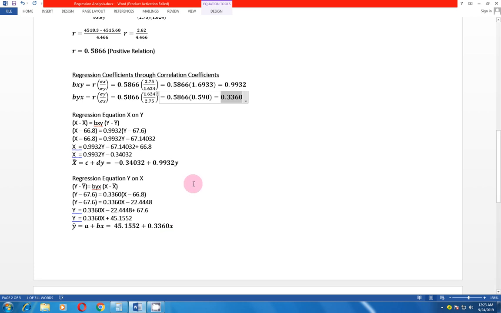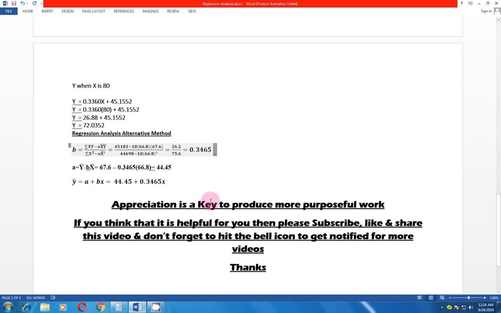Here is another method which I recommend, that is easier than this method.